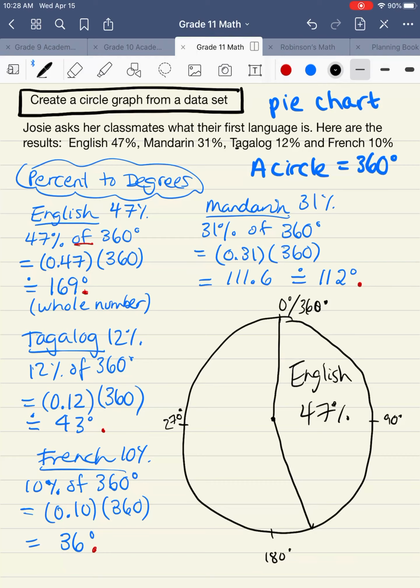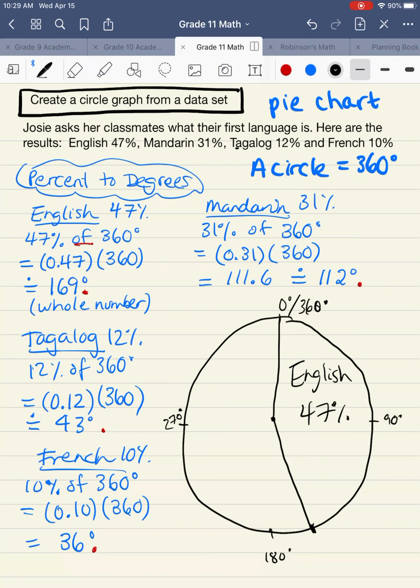And next up, let's go around to Mandarin, which is taking up 112 degrees. If we go from where we left off right here with the English, that's at 169. If we add 11, that takes us all the way to 180. And then we just need to add about 101 degrees more to take us up to 112 degrees.